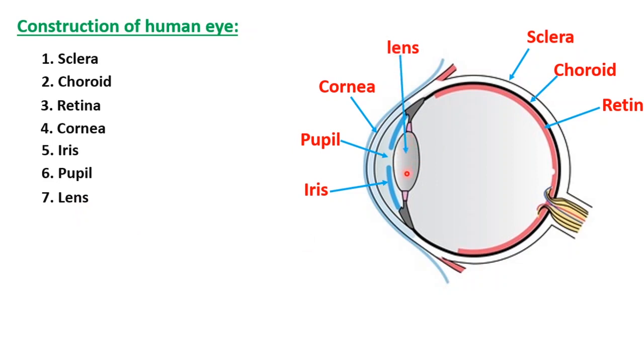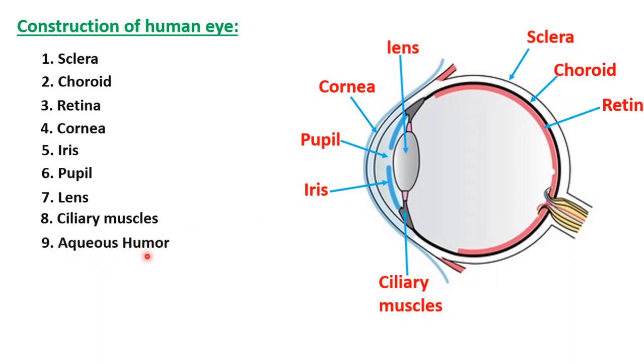Ciliary muscles are these, which hold the lens in its place. Next is aqueous humor. Aqueous humor is a waterish liquid between the lens and the cornea. We will see how they work.